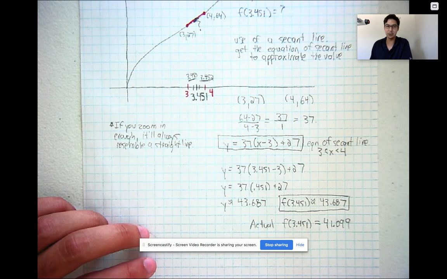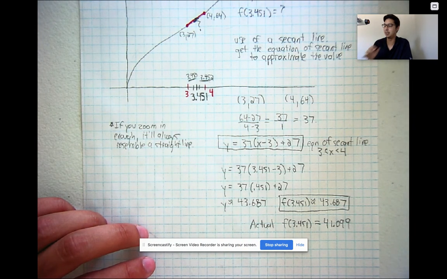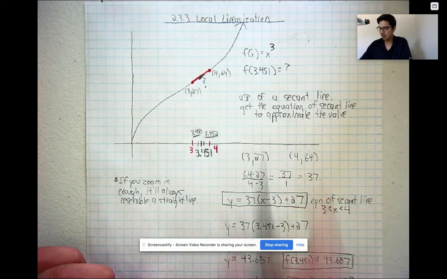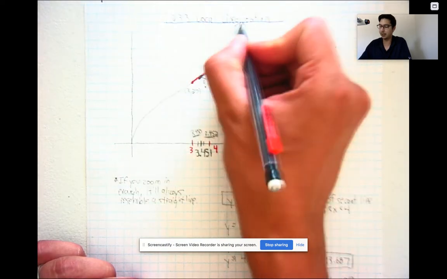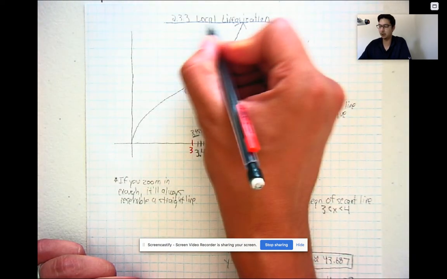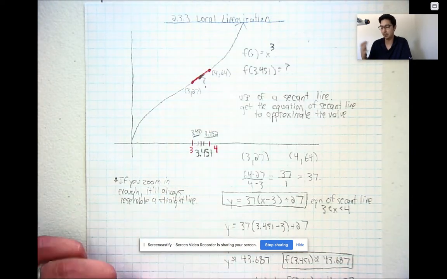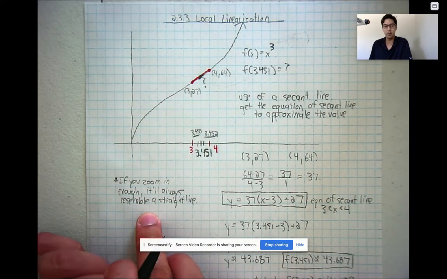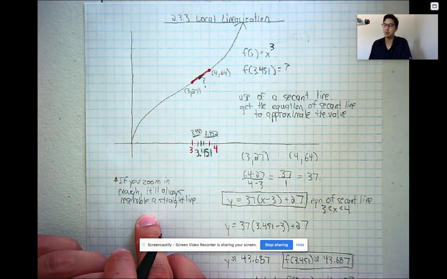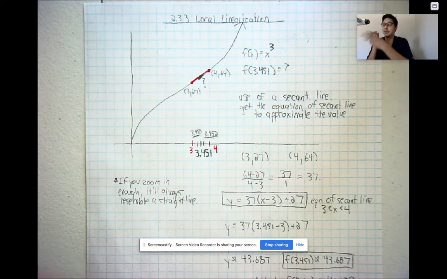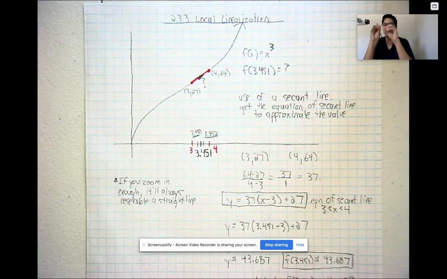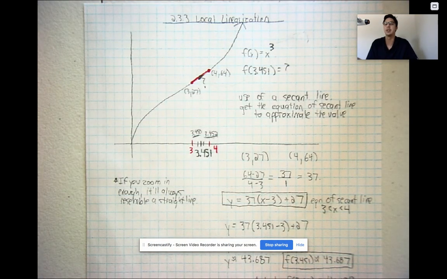So that's local linearization. Local because we're making a line that's very close to where it's actually at the point. Because remember, if you zoom in enough, it will always resemble a straight line, in which we can find the equation of a line that's very close to it, the points to the right and left of it, and get a good approximation that way.